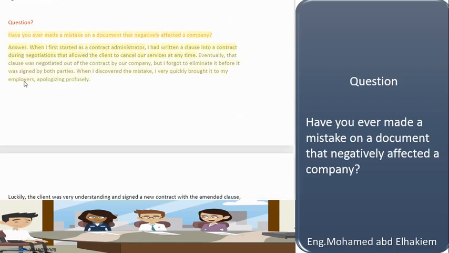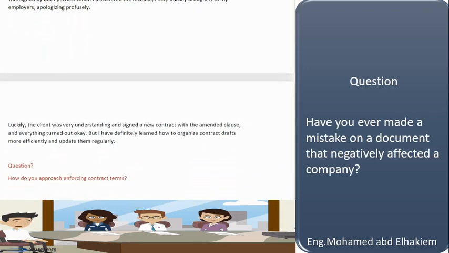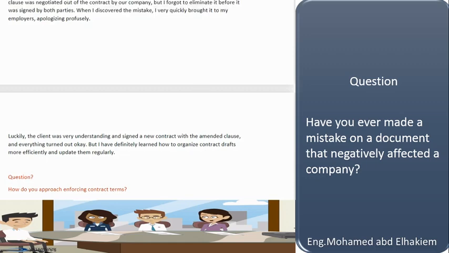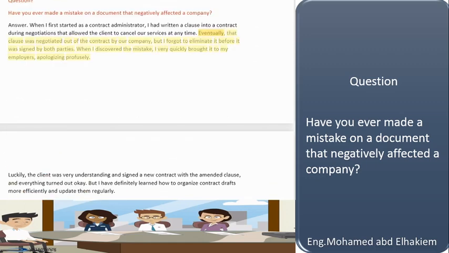Question: Have you ever made a mistake on a document that negatively affected a company? Answer: When I first started as a contract administrator, I had written a clause into a contract during negotiations that allowed the client to cancel our services at any time. Eventually, that clause was negotiated out of the contract by our company, but I forgot to eliminate it before it was signed by both parties.